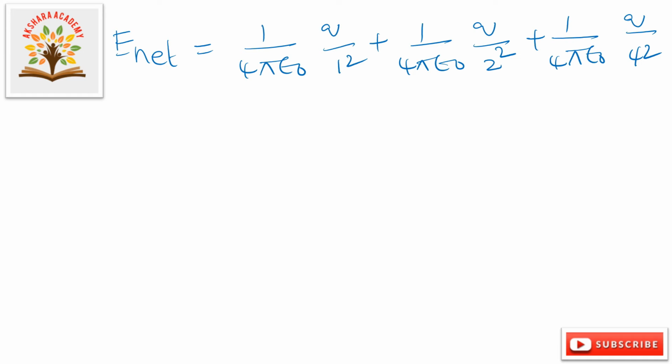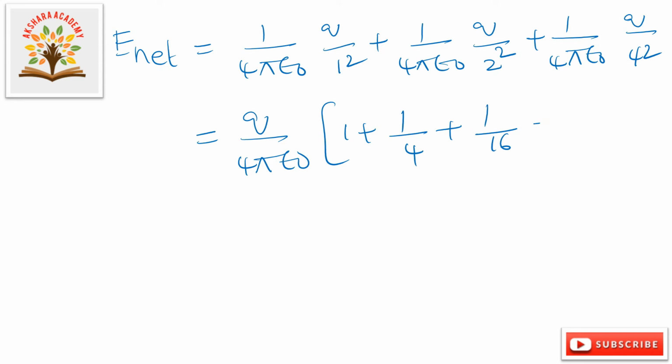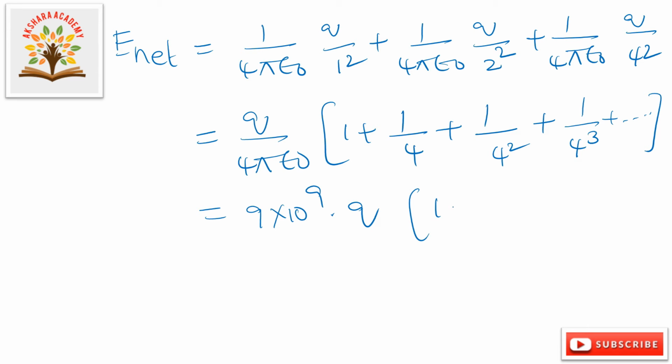So that is equal to, taking common q by 4 pi epsilon naught, 1 plus 1 by 2 square, 1 by 4 square, 1 by 4 cube, and so on. So 1 by 4 pi epsilon naught is nothing but 9 into 10 to the power of 9, into q of 1 by 1 minus 1 by 4.